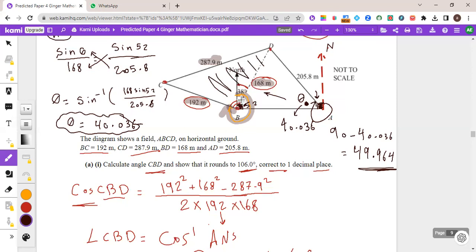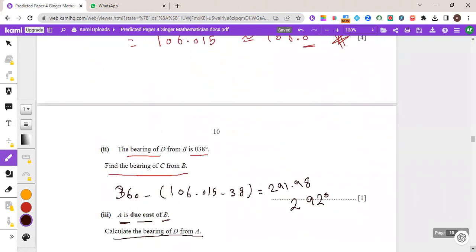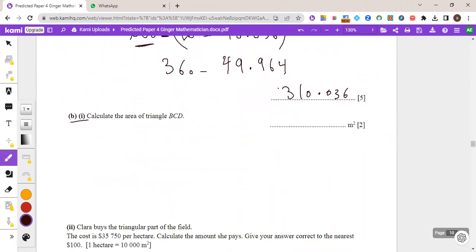No need, you have this angle is 105 or 106. Right, okay. So half multiply AB sin theta, half multiply 192 multiply 168 multiply sin 106. Bravo.